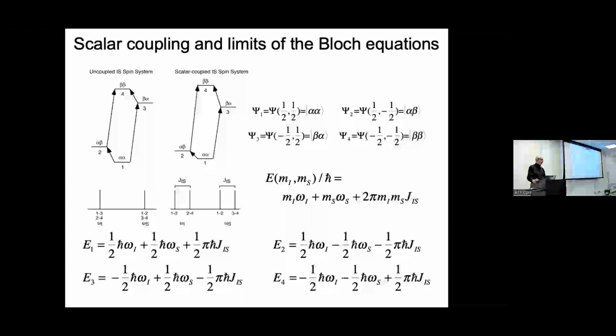In solution, that coupling will usually be the J coupling, but in solid state or in a partially aligned medium, that could be the J coupling plus the dipole coupling. So what we have to do next is develop a mathematical theory that accounts for this extra complexity.